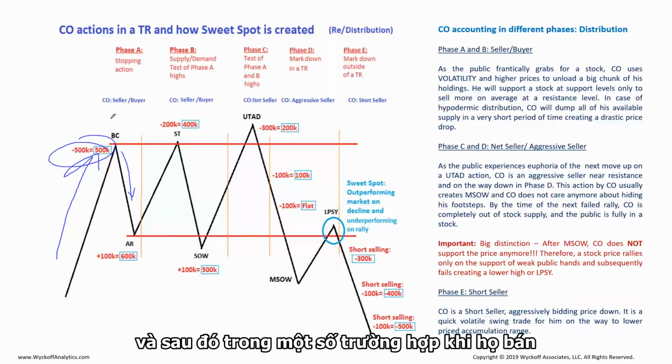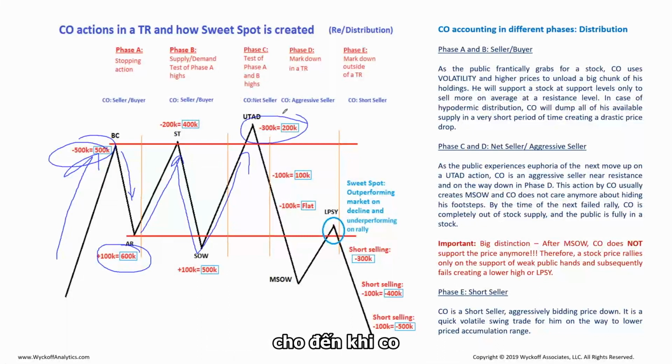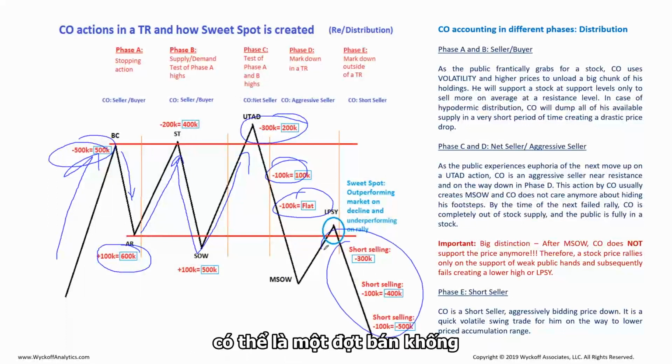And then in some cases, as they sell, they're going to buy just a small position back just for the prices to stabilize and to push the price closer to the previous resistance. And that action is going to repeat itself until the CEO is going to find the opportunity to sell the majority of its supply and maybe even establish some positions to the downside, maybe short selling.